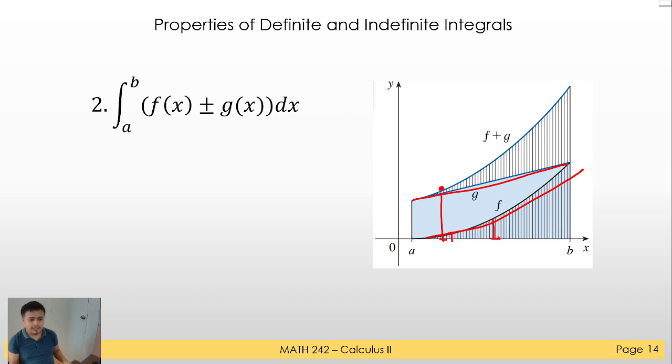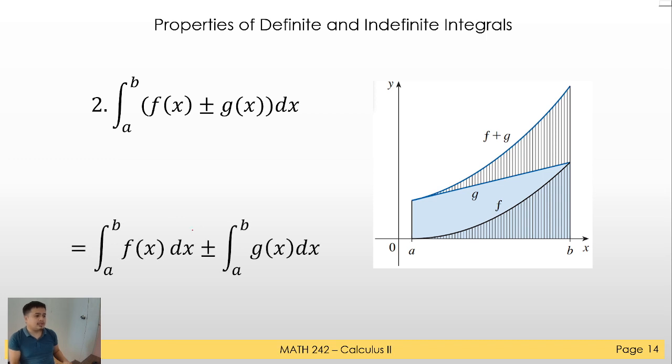So if we add two functions, we are basically adding their height. So therefore, the integral of this function will be the total area added together. So the integral will be distributed to each of the functions.